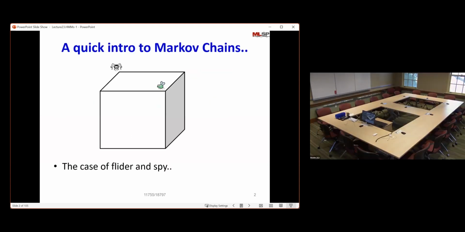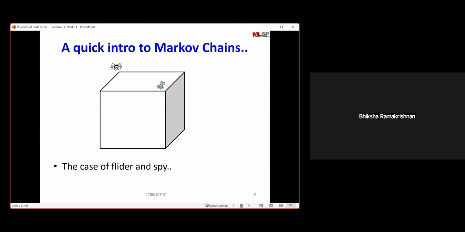So let me begin with this simple problem. This is a common problem that used to end up in many interviews in the past. There's a room of this kind, which is a perfect cube. Every edge is 1 unit long, and there's a spider and a fly as shown in the picture. The fly is going to be seated wherever it is. The spider only walks along the edges of the wall, and it doesn't walk along the surface.